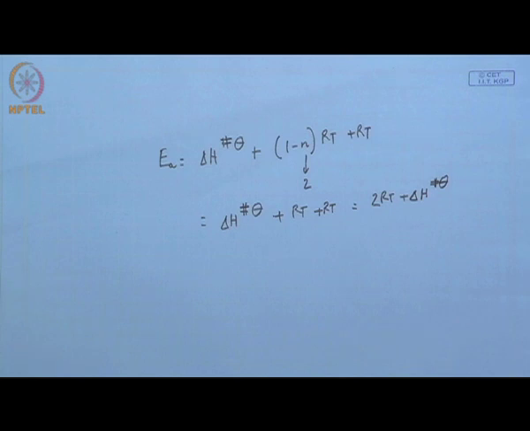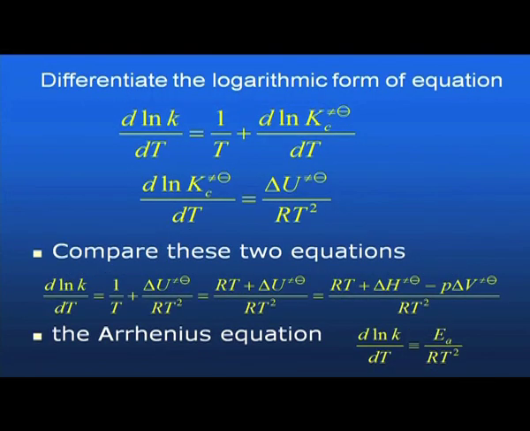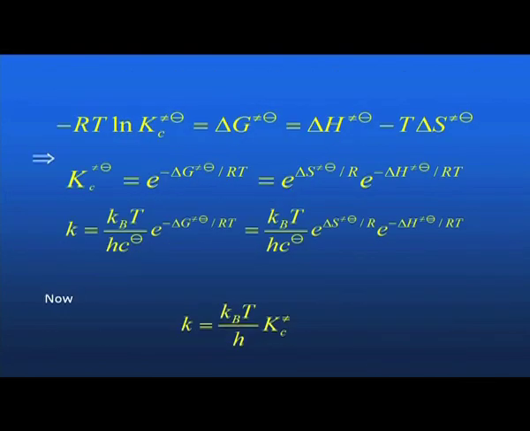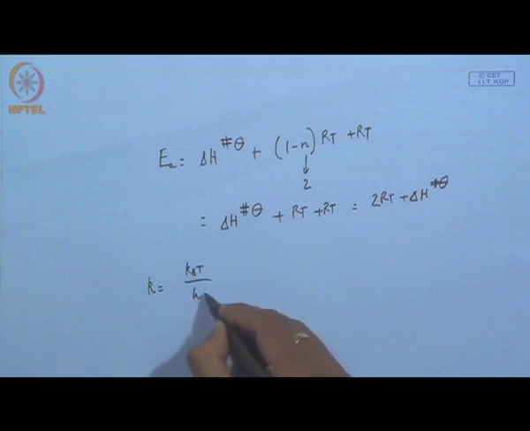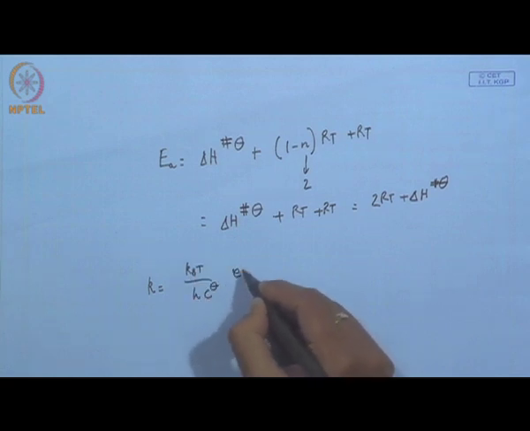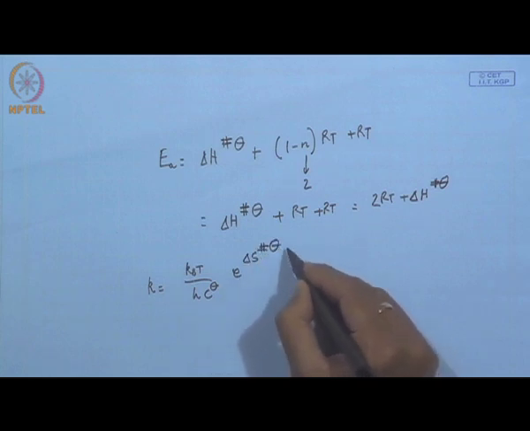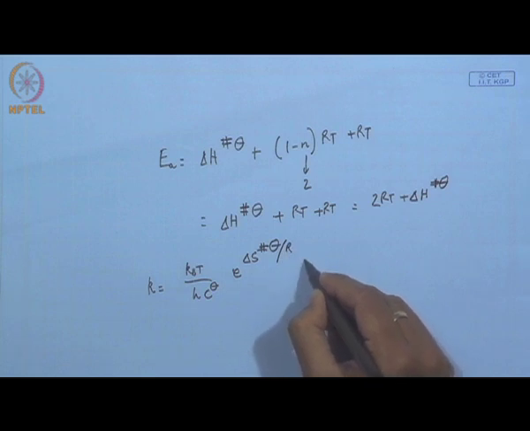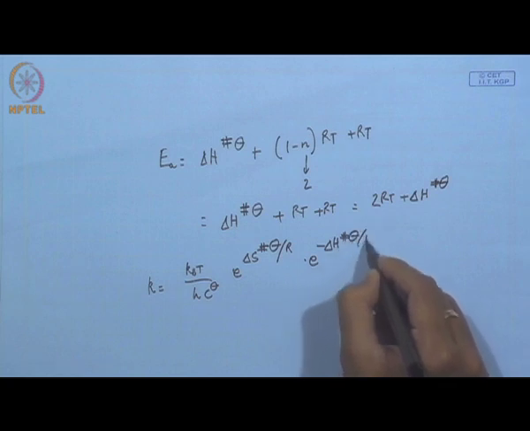Therefore, what can we write? Let us again go back to the expression of k. The expression of k will be k is equal to (k_B T by h) (1 by c standard) e to the power ΔS‡ standard by R into e to the power minus ΔH‡ standard by RT.